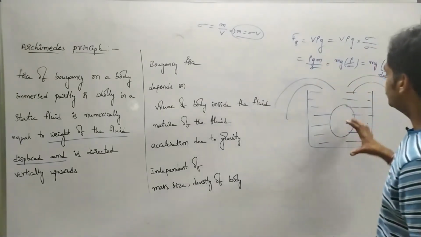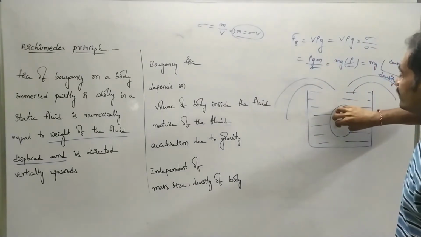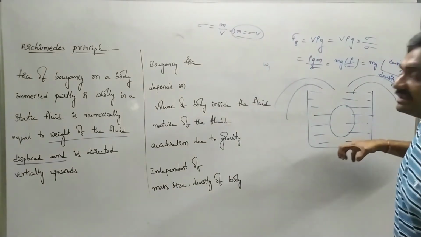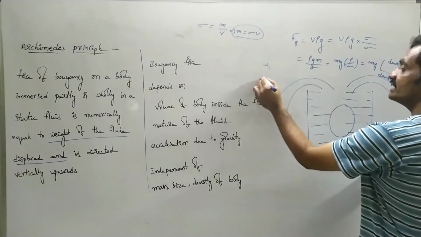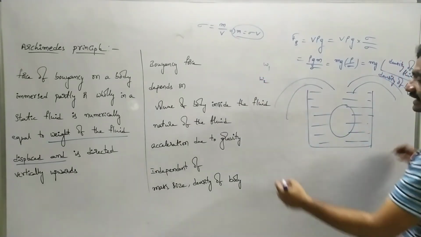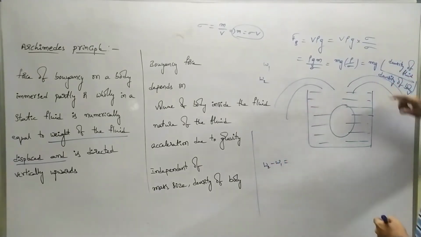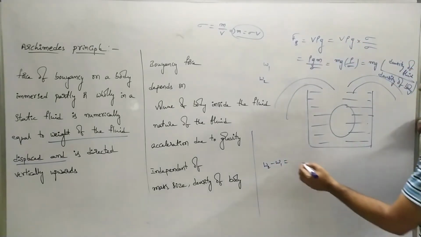Here when we consider the body weight as W1 when it is in air, and when we immerse it in the fluid, the weight of the body changes to W2. Then the change in the weight, W2 minus W1, nothing but buoyancy force, is equal to V rho g.